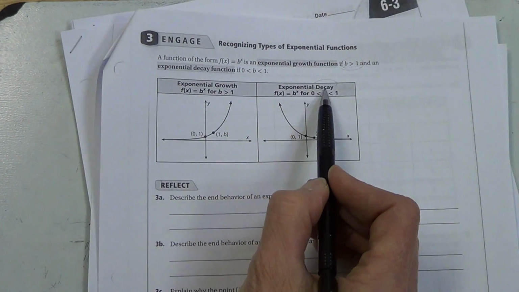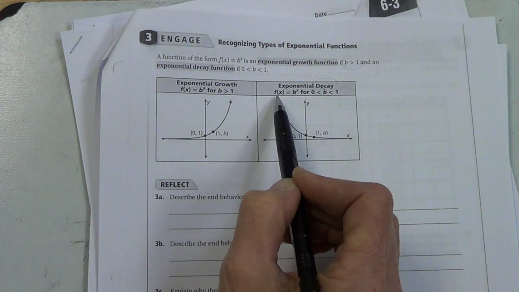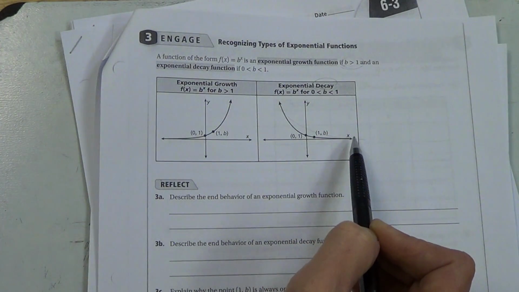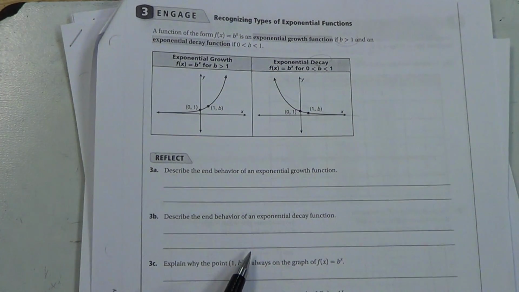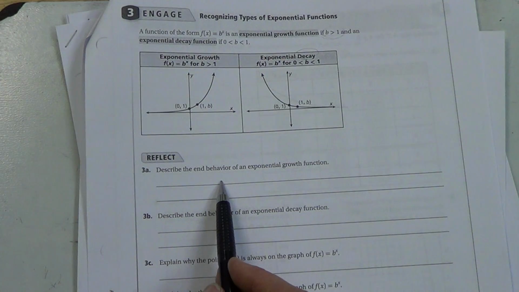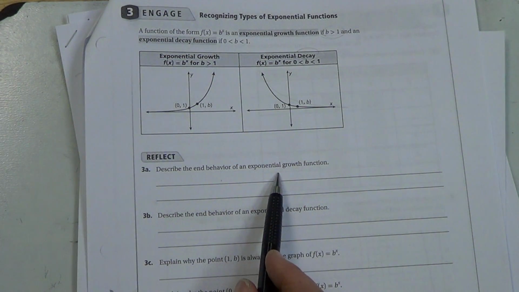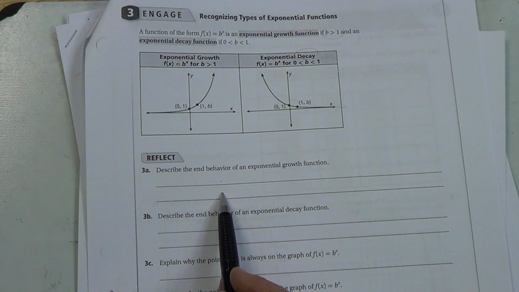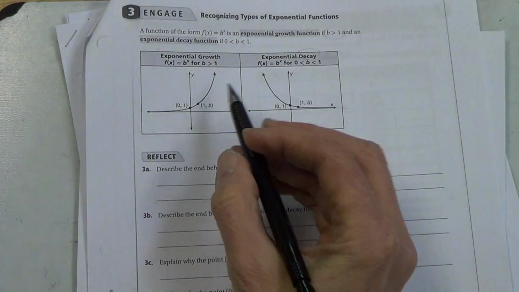The decay, as we go towards infinity on the left, on the x, the graph begins to go less and less and less down towards 0. It never hits 0. So you would write that in the end behavior as x approaches infinity, the f of x approaches infinity. As the x approaches negative infinity, the f of x approaches 0, because this is for your growth function. That's this one.